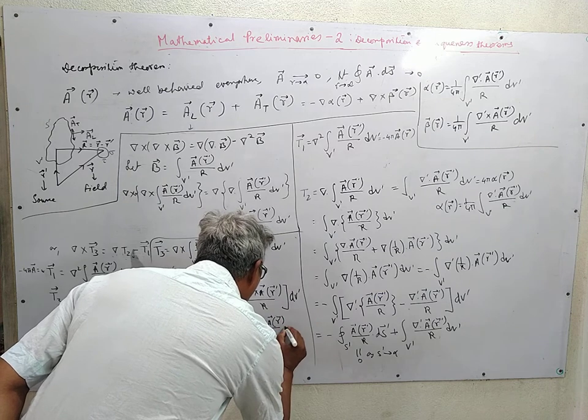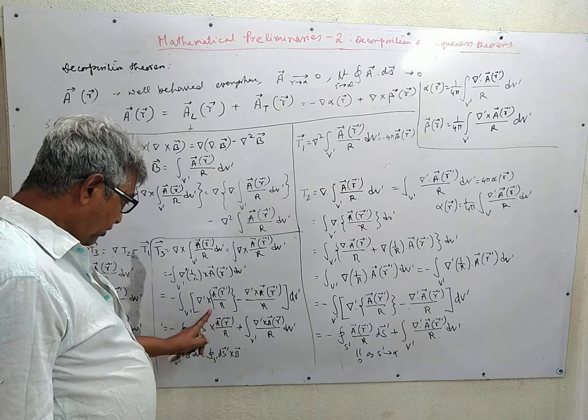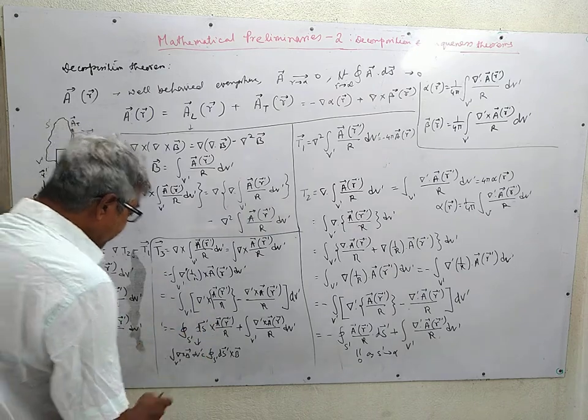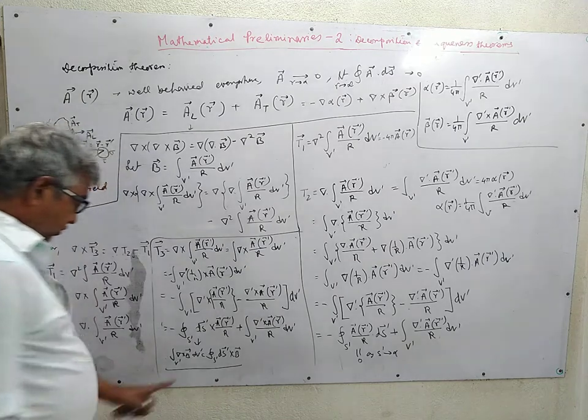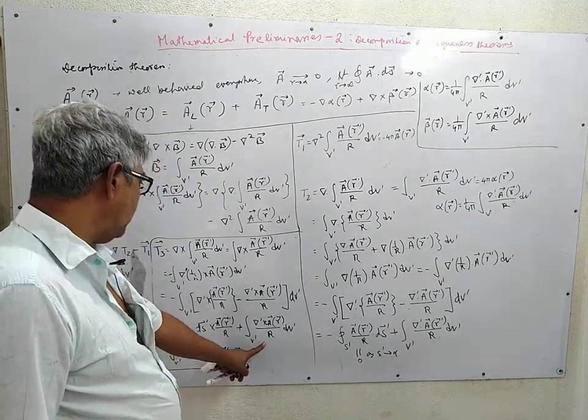We have converted this volume integration into the surface integration using one of the alternative forms of Stokes theorem, which is this. And again, taking the surface integration from S prime to S double prime, we can set it to be 0, so we are left with only one term.